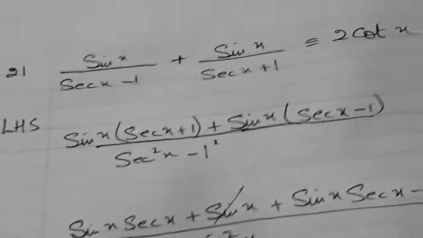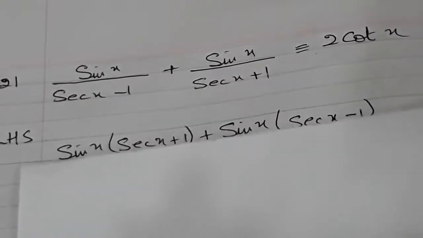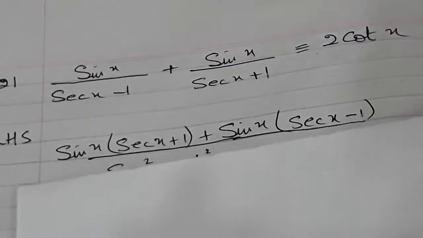Let's see another example here. Number 21. I will take again the left hand side, which looks complicated to me. So what do you think? What should we do? We should take LCM here, right?